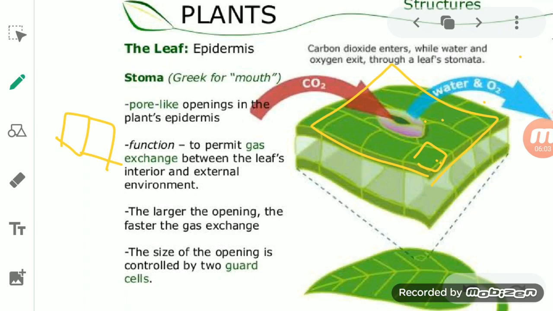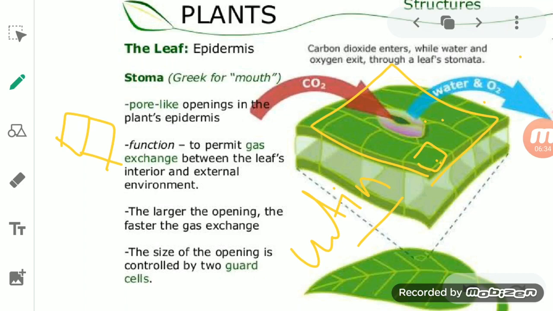So the epidermis has a layer, especially on the upper surface of the leaf, that is cuticle, formed of cutin, an organic substance, and the wall consisting of cutin is the cutinized wall.